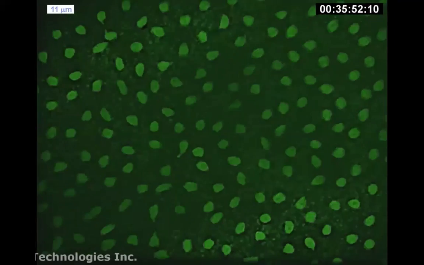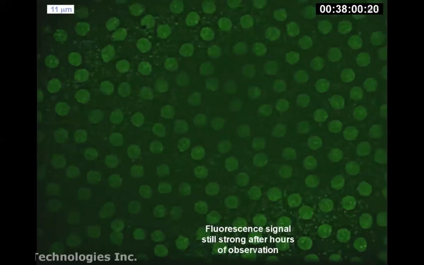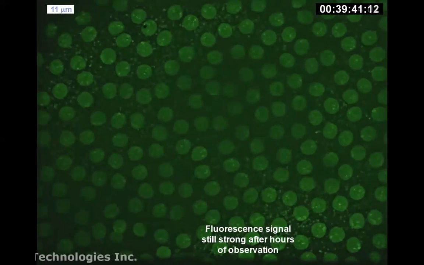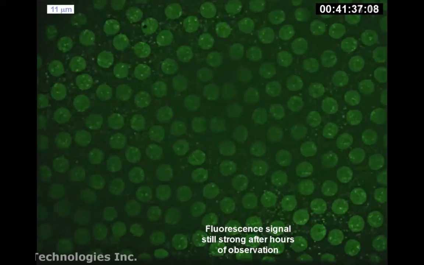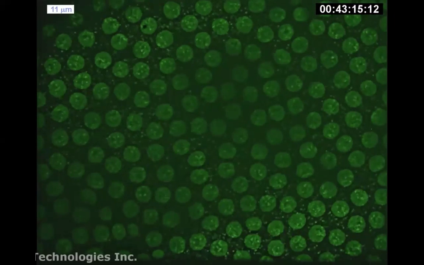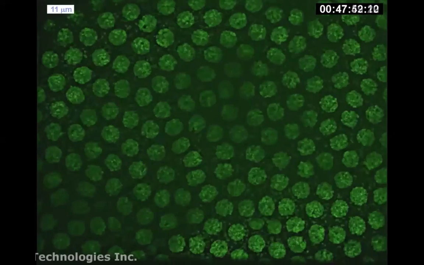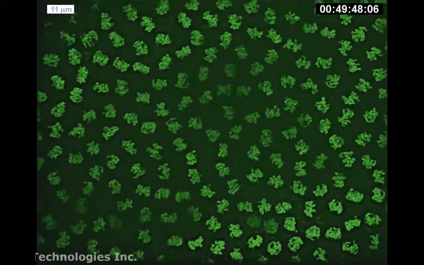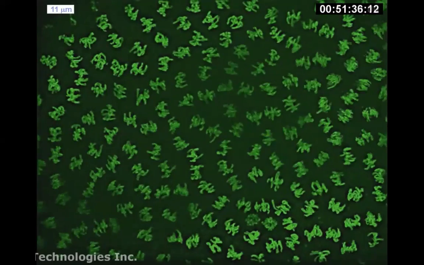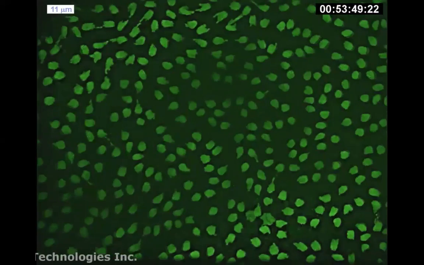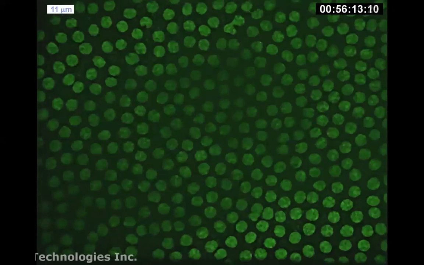Despite all of these being individual cells, at this stage, division is incredibly well coordinated. All of these nuclei are dividing at the same time. It's like a beautiful dance.